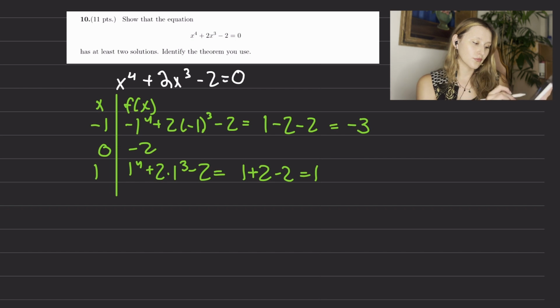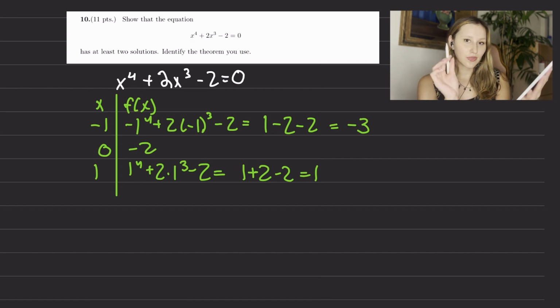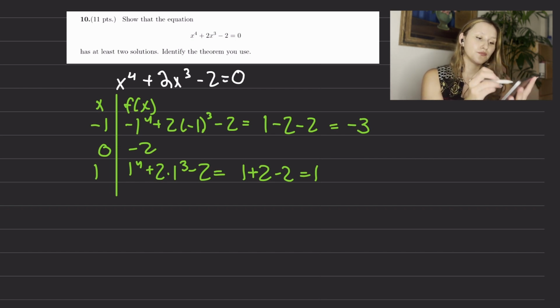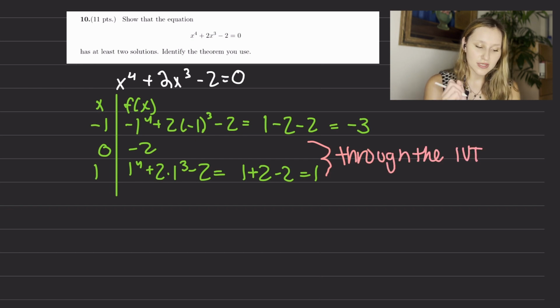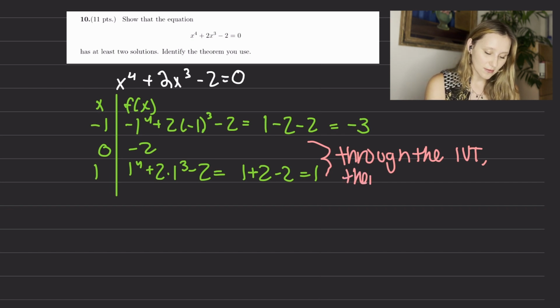Okay. So we know that through, this is important here, through the intermediate value theorem, there must be one solution.